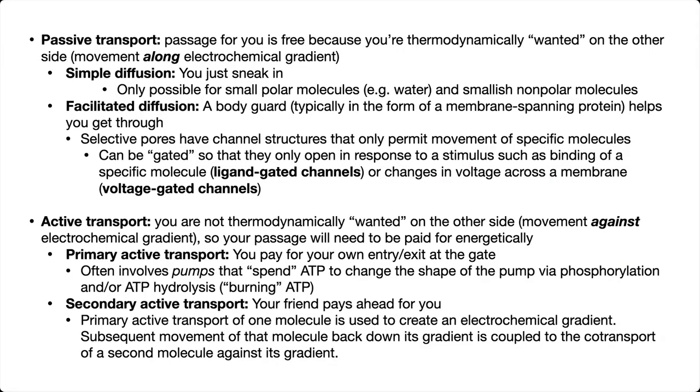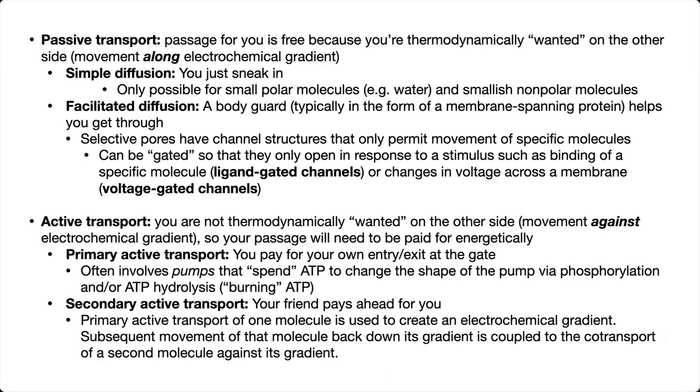Don't confuse that with secondary active transport. In secondary active transport, you're still going to require energy. You're still actually going to be using primary active transport, but you're going to be using that to create a gradient that's going to pay ahead for the cost of bringing another molecule in. So you use primary active transport to create a gradient of one molecule.